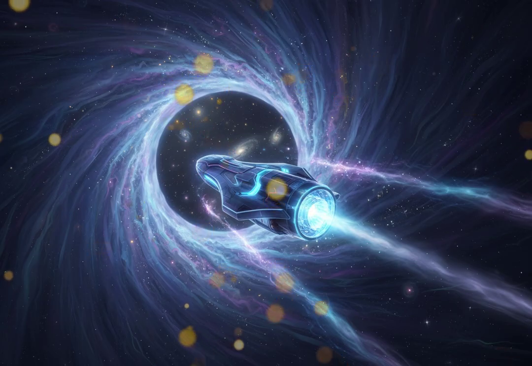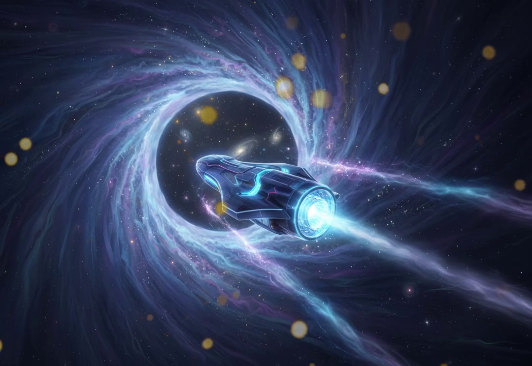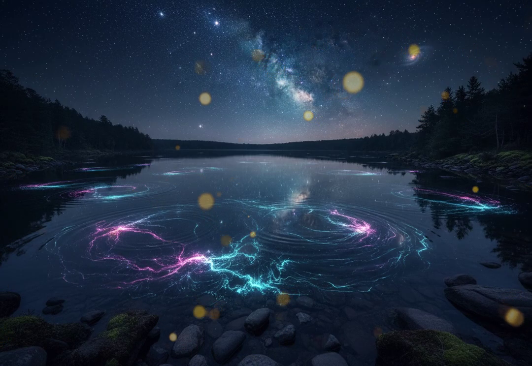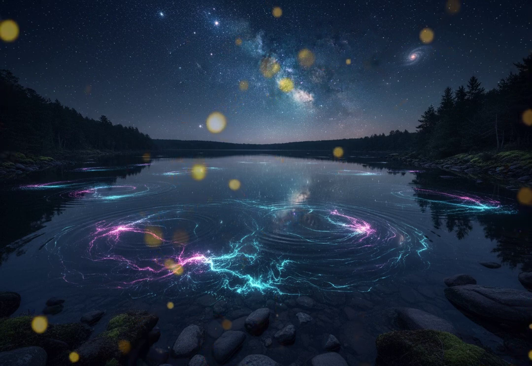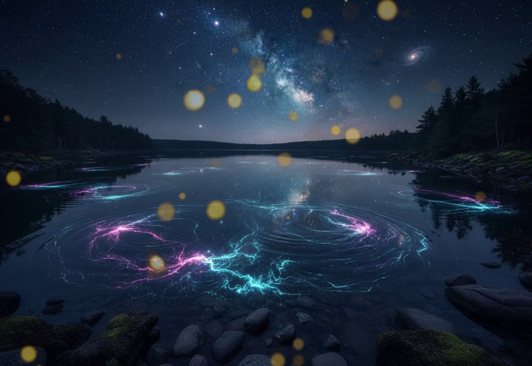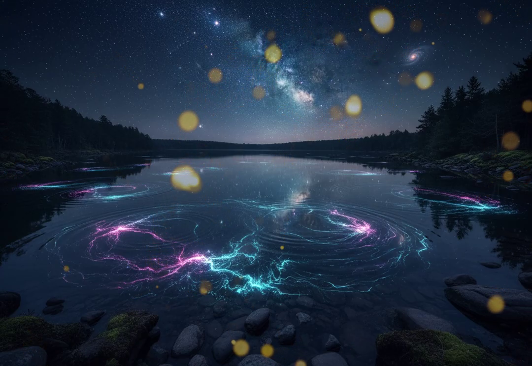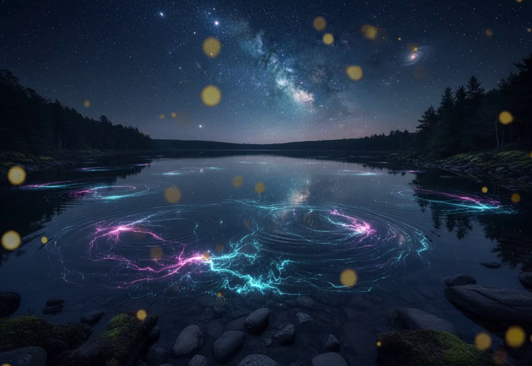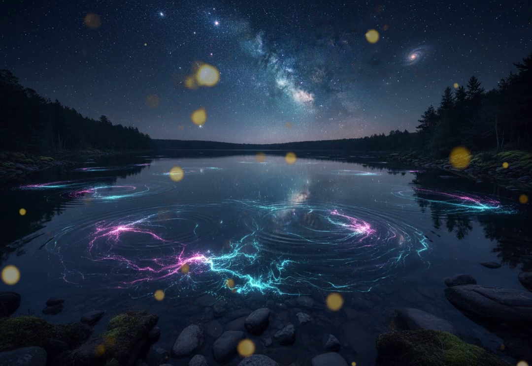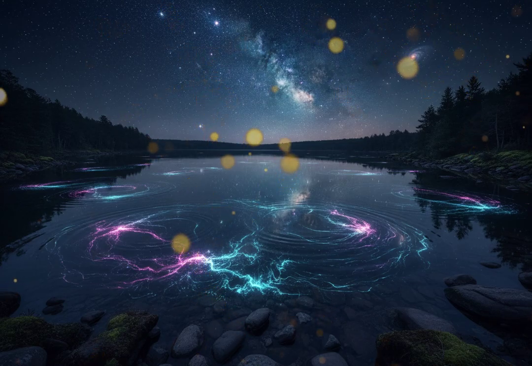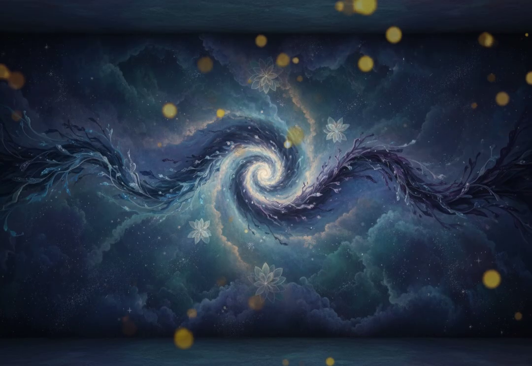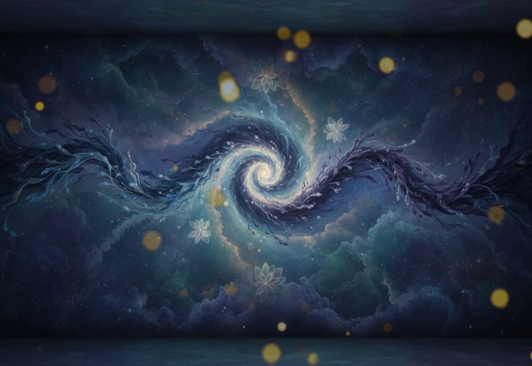What new revelations will surface in the coming years? What technologies might emerge from our exploration of antimatter? As we contemplate the future of antimatter research, we are reminded of the interconnectedness of science and humanity's quest for knowledge. Each experiment is a chapter in an unfolding story, a testament to our insatiable curiosity and desire to understand the universe.